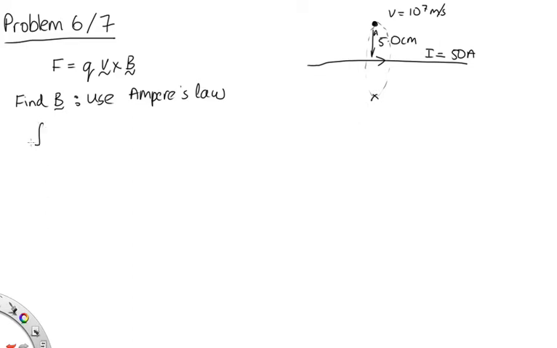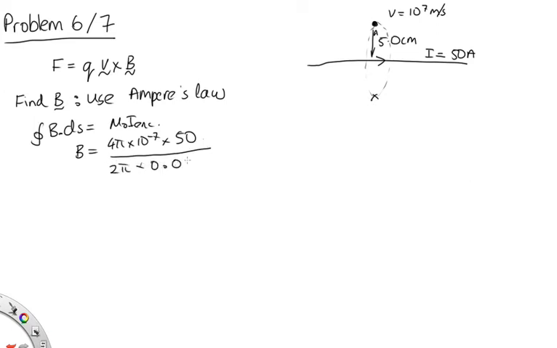Okay, so then we have B dot ds is equal to mu naught I enclosed, and so B is constant around this path, so we can pull it out the front. The integral around the path of ds just gives us the circumference of that circle, which is the 2 pi r, and so we've got mu naught, which is 4 pi times 10 to the minus 7, times the enclosed I, which is the 50 amps, over the 2 pi times the 5 centimeters.